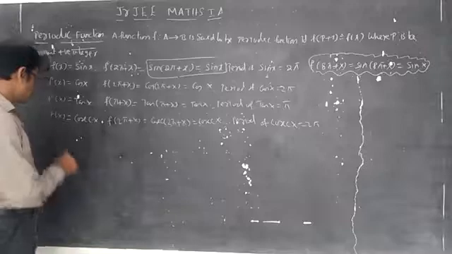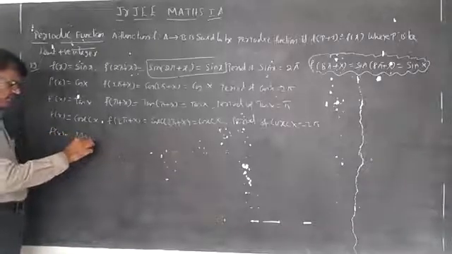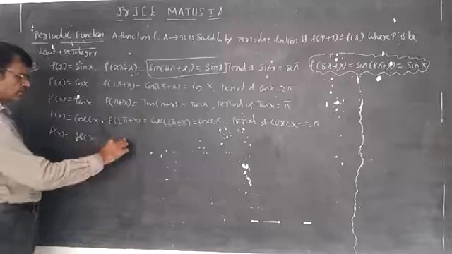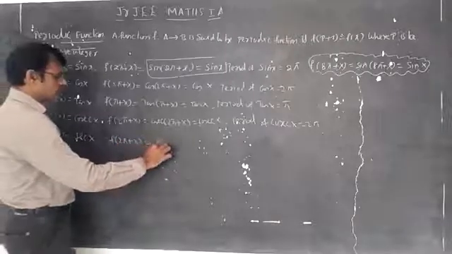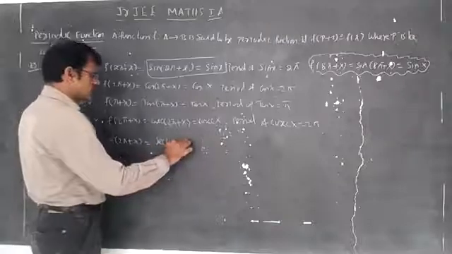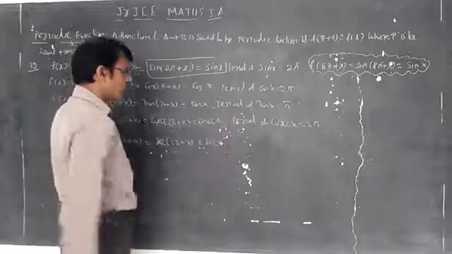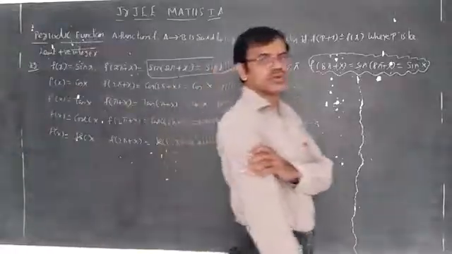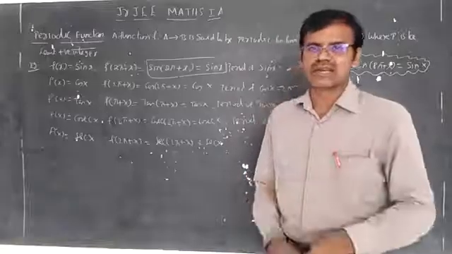Next one, let f of x is equal to secant x, the reciprocal of cos x. f of 2 pi plus x is equal to secant of 2 pi plus x is equal to secant x. If you are having doubt, you can substitute pi plus x for everything other than tan and cot.